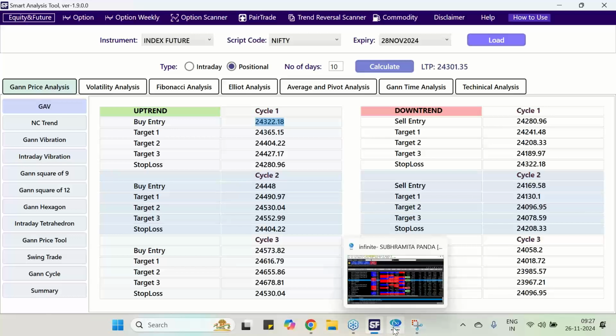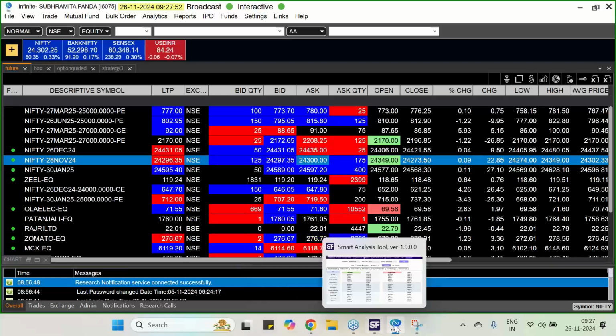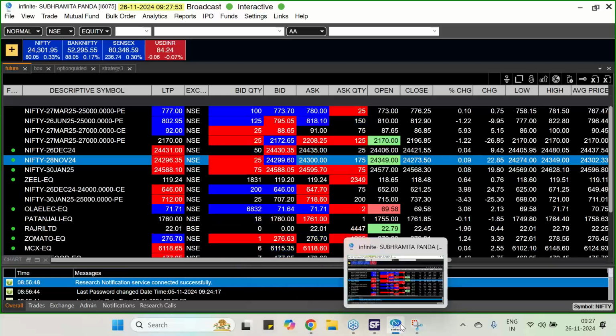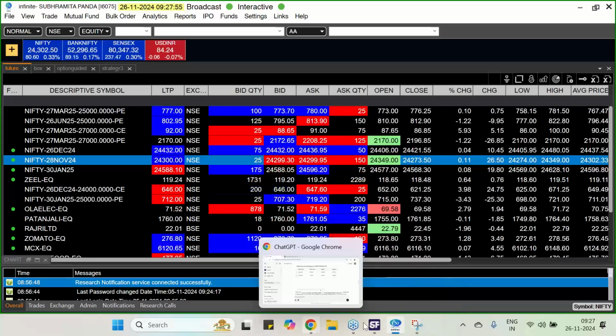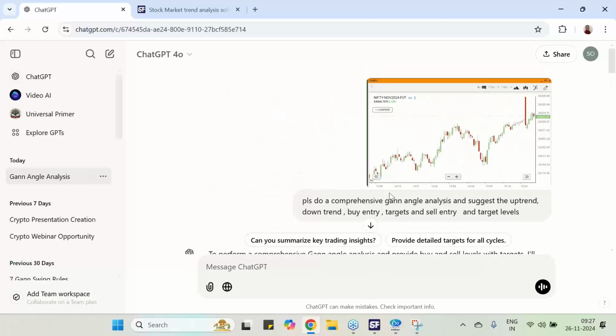We have given a chart which is from the previous day to today. It is not a chart which starts from the previous day 1 o'clock or 1:59. So from any one swing high and swing low, it will draw the Gann angle lines.